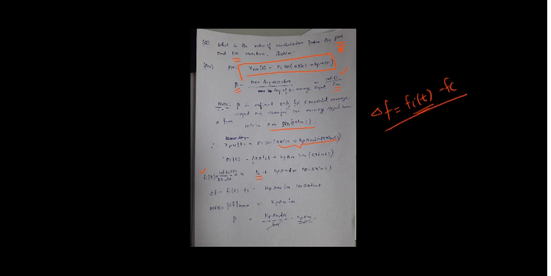So, in order to derive this, we first differentiate our instantaneous phase and divide it by 2 pi, and then the maximum frequency deviation will be this, it's a simple step from here to here. So beta is Kp Am.